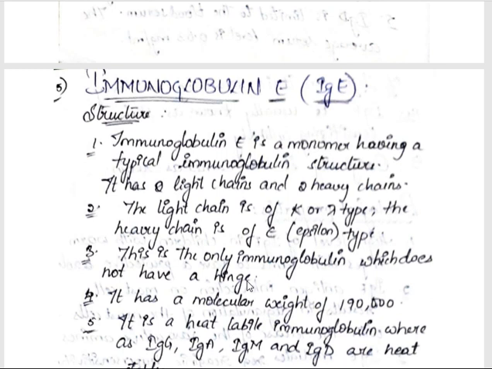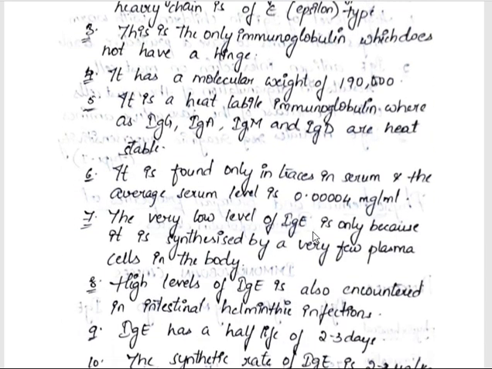And it is a heat labile immunoglobulin. Labile means it is very heat sensitive, whereas the others are heat stable immunoglobulins. What are the others? IgG, IgA, IgM and IgD. And IgE is present in very minute traces, that means 0.0004 mg per ml. If this level is very high, its concentration is high in the blood, then that condition is called eosinophilia.